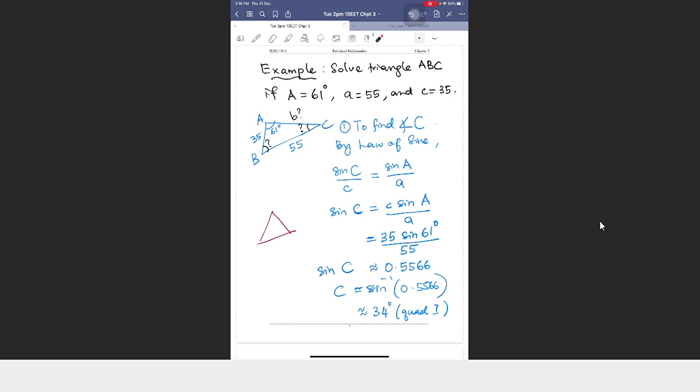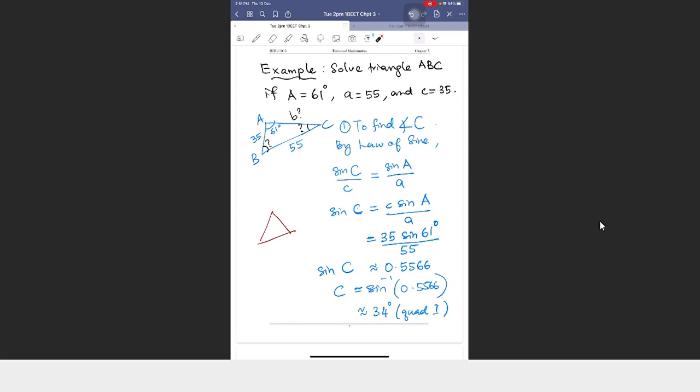So obviously, the first one you want to find is the angle whose opposite side is given.